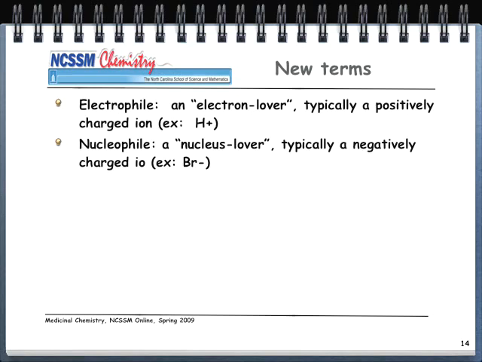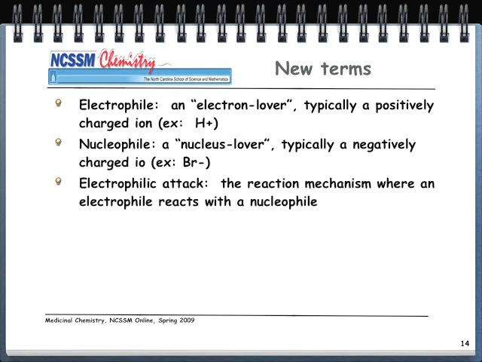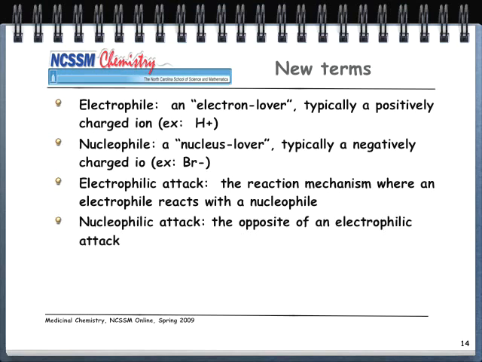An electrophilic attack is that reaction mechanism where an electrophile attacks or reacts with a nucleophile, and a nucleophilic attack is just the opposite. Okay, so these are terms that you're going to run across, just like lipophile and hydrophile, or lipophilicity and hydrophilicity. You're going to run across electrophilicity and nucleophilicity as terms in these reaction mechanisms.